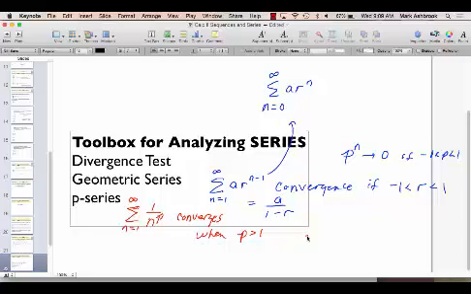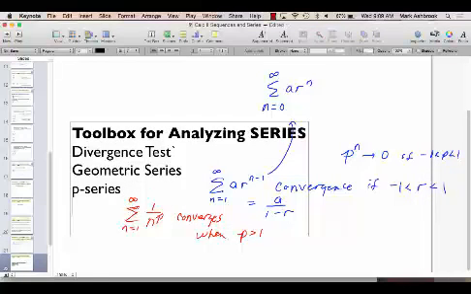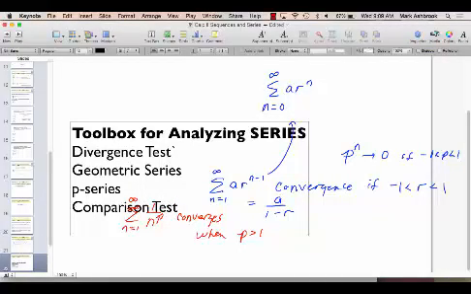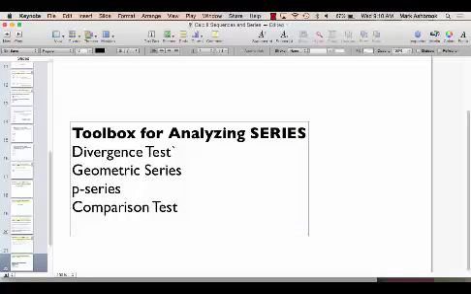And then we have the comparison test, which is another tool we have. I'm not going to write it out again, but we'll mention it here. The comparison test is when you compare the terms of the series you're analyzing to the terms of another series that you know either converges or diverges.